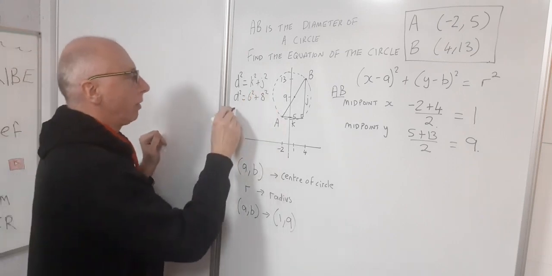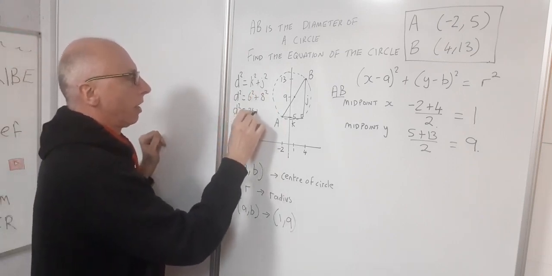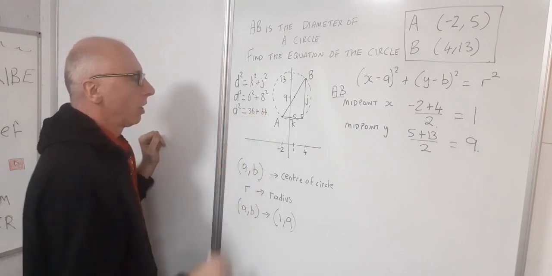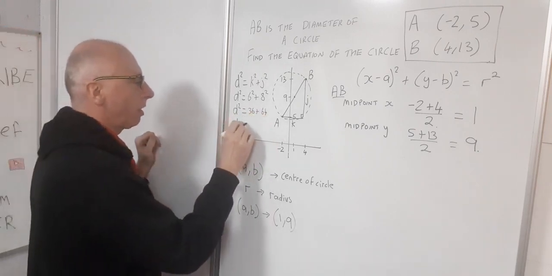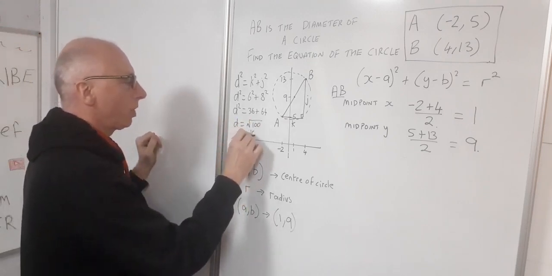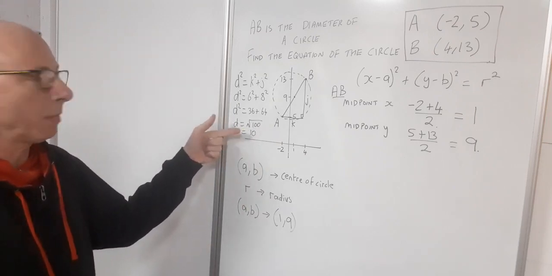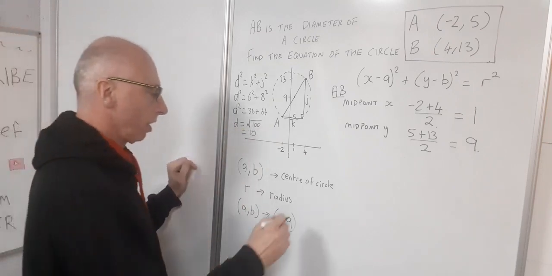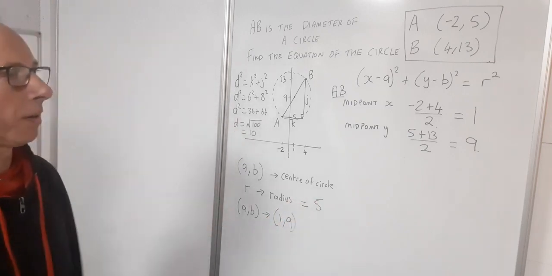Okay, well, these are good numbers to work with. 6 squared is 36. 8 squared is 64. 64 plus 36 is 100. So therefore D equals square root of 100, which equals 10. So that's my diameter. So if my diameter is 10, then my radius equals 5. So that's what I've got so far.